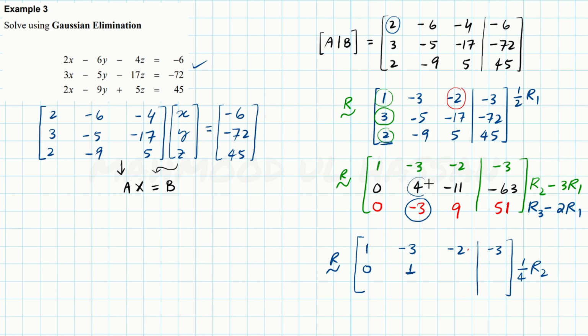First we are going to make this 4 into 1, so the calculation would be easy. And this negative 11 would become negative 11 upon 4, and here this would become negative 63 upon 4, and the last row would be the same, that is 0, negative 3, 9 and 51. Is it okay?